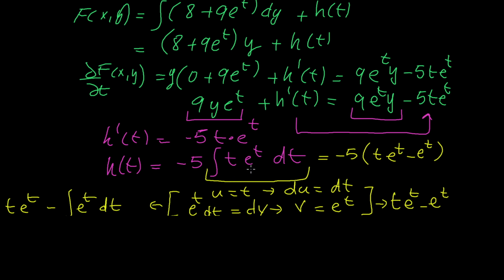Okay, so now I know what h of t is, and I just go ahead and put it here into this answer, and that gives me the solution. Okay, so C equals 8 plus 9e^t, and it doesn't matter, I'm going to keep it factored, and now distribute the other or leave it as it is, doesn't matter.